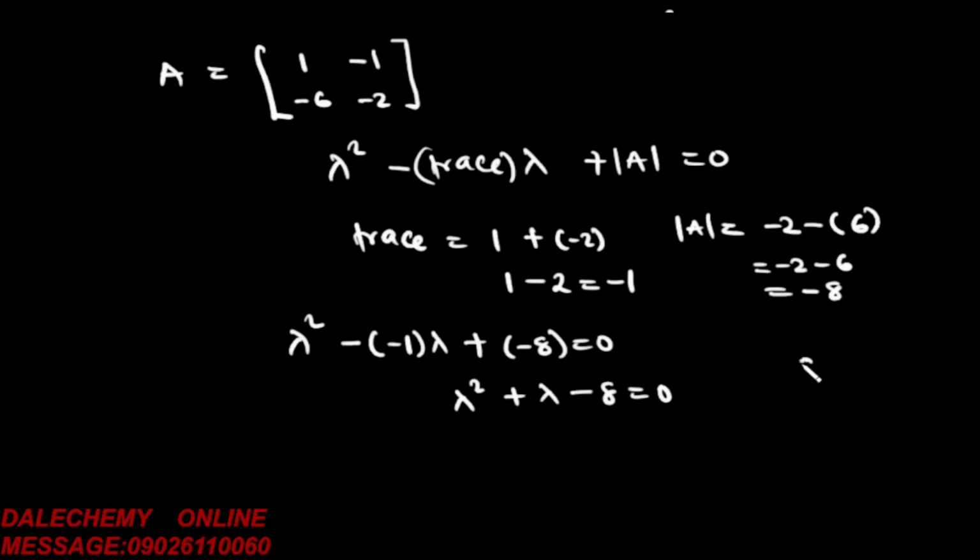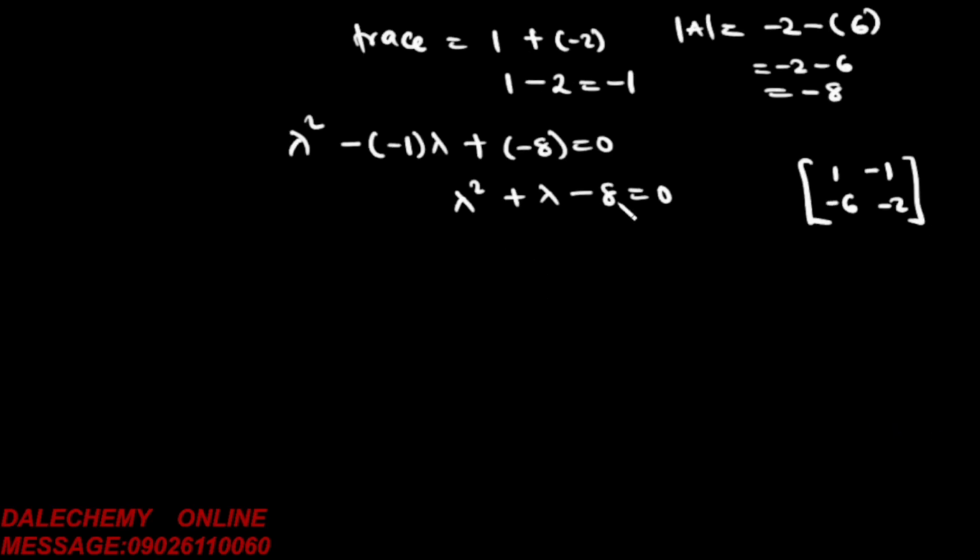The matrix is 1, minus 1, minus 6, minus 2. So for this matrix, let's substitute A, which is matrix A as given, for lambda in the characteristic equation. So we have A squared, then plus, anywhere we see lambda, we put A, then minus 8.